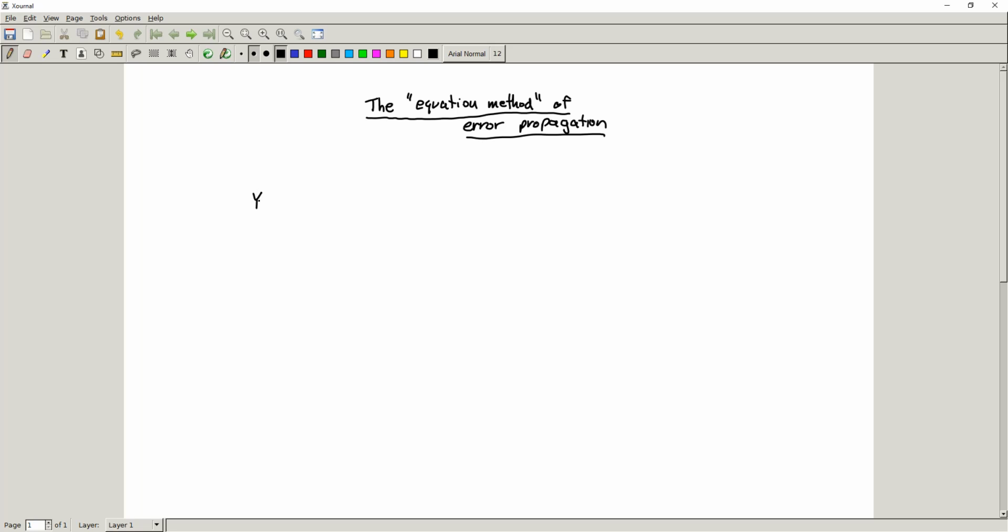We start off with this expression at the top of page 14 of the lab manual, where we're told that for some expression that looks like this, we can solve for our uncertainty, our error, delta y, in the following way.